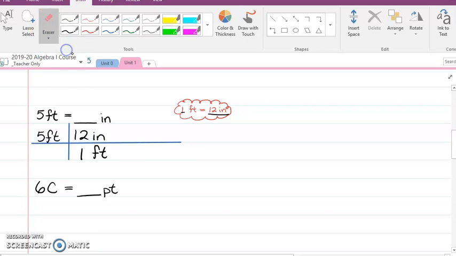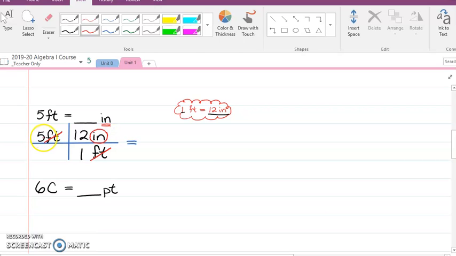Now, I've actually made my line a little too long, so I'll get rid of the excess. I'm ready to compute. If you'll notice, the feet on the top cancel with the feet on the bottom. And what I'm left with is inches, which is exactly my goal.